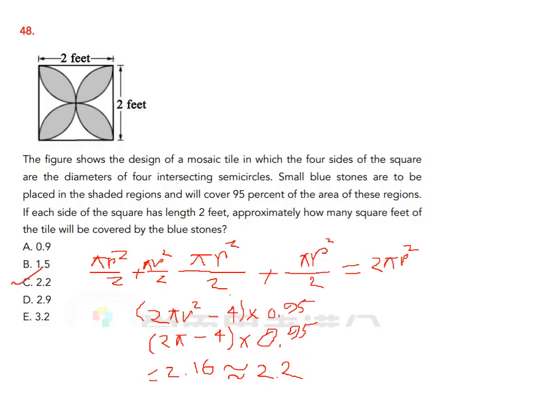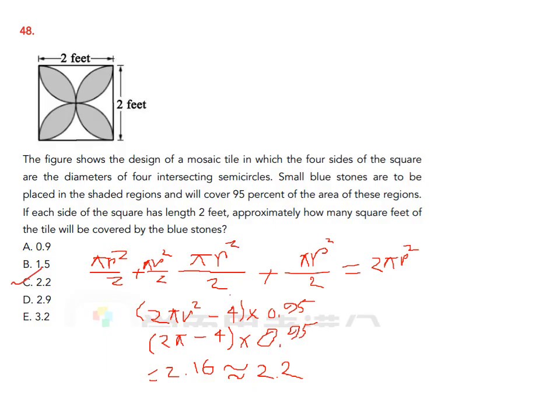Now we have counted one side, half of the semicircle, twice in each case, right? Yes. So take the difference, 2 pi r square minus 4.